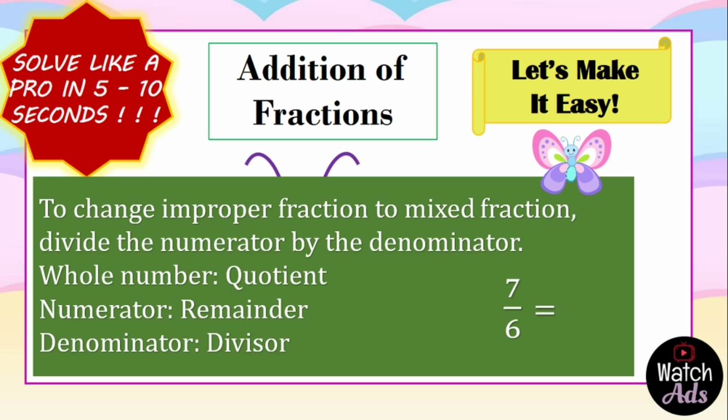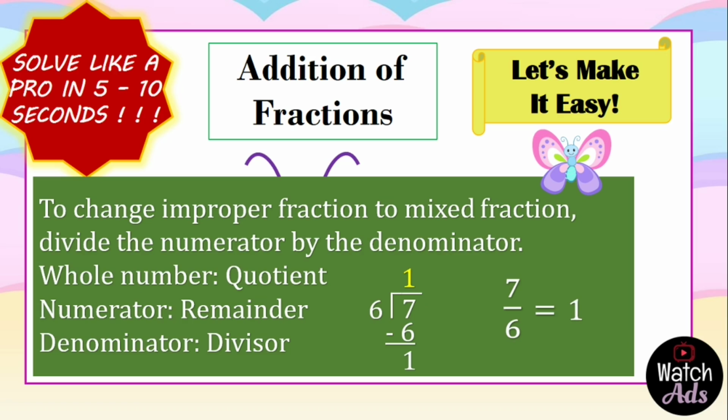7/6. We divide 7 by 6 is 1. 1 multiplied by 6 is 6. We subtract 7 less 6 is equal to 1. Remember, our quotient will be the whole number. So our quotient is 1.